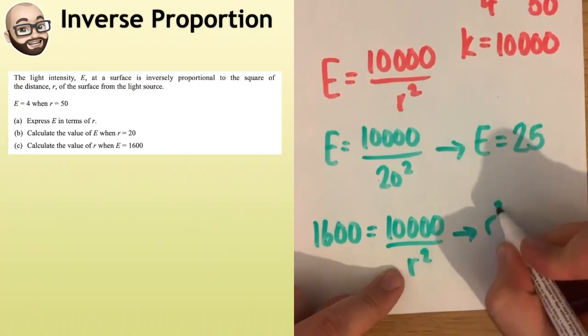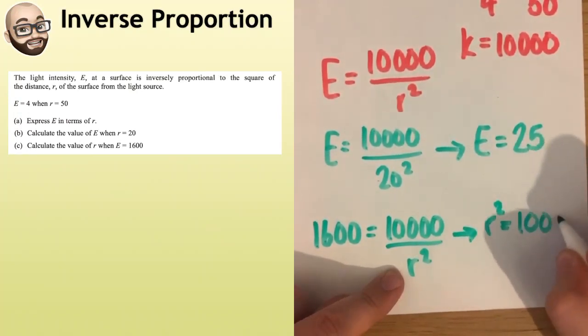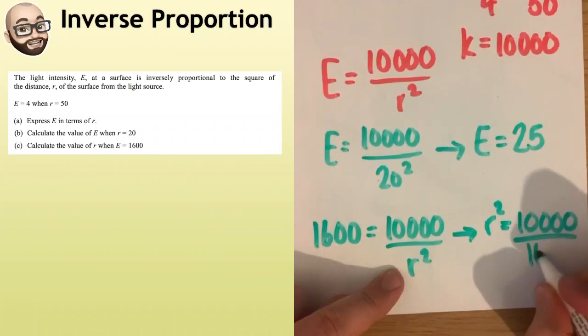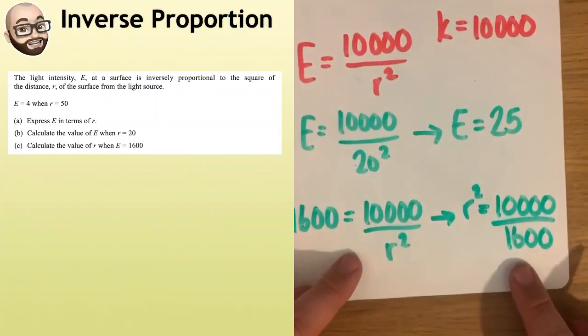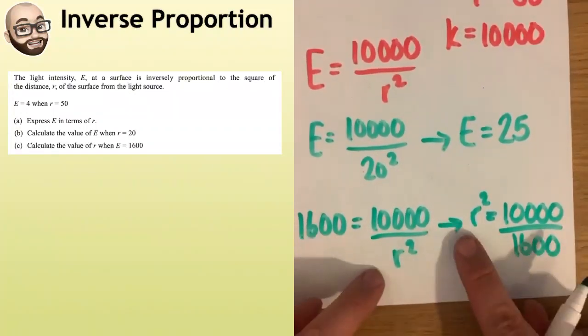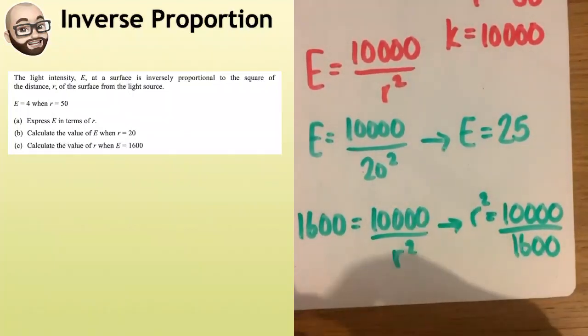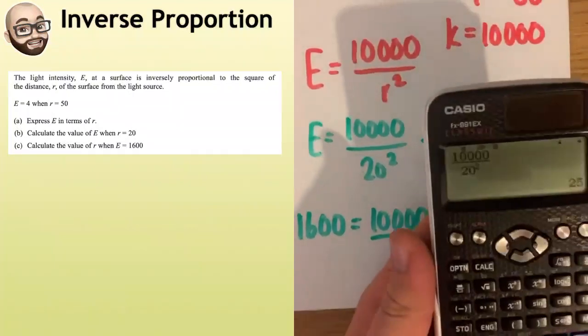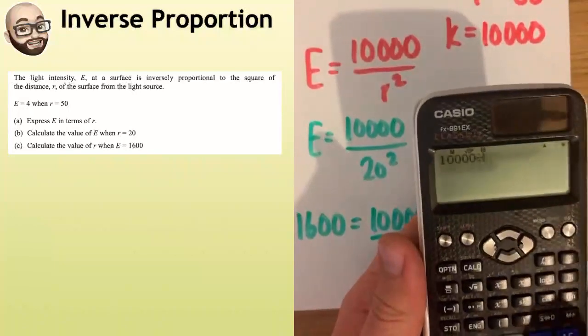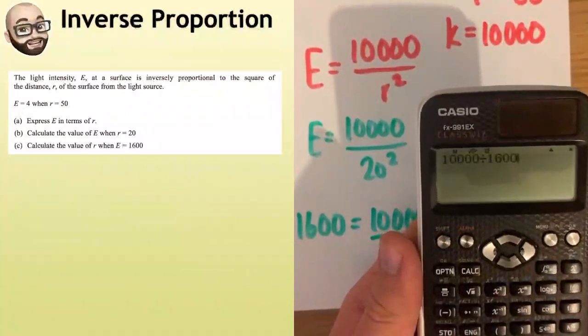So I'm going to get R squared equals 10,000 over 1,600. So it looks like these two bits here have just switched places. Okay, that's fine. So I now need to do 10,000 divided by 1,600.